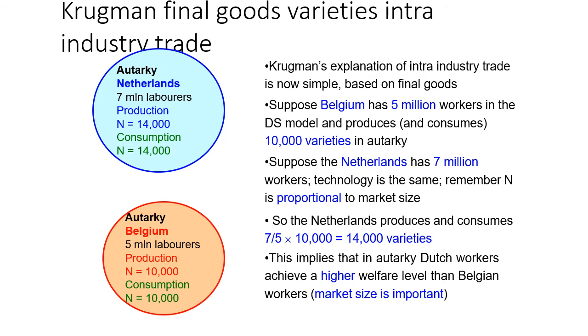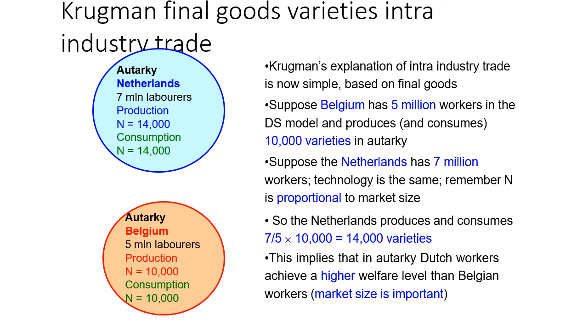You take that 4,000 and add it to 10,000, which gives you 14,000 varieties. The other way to do that is to say, since we're dealing with proportionality, we're moving from 5 to 7 million, we can say 7 over 5 times the varieties in Belgium, and we'll land up with 14,000 varieties.